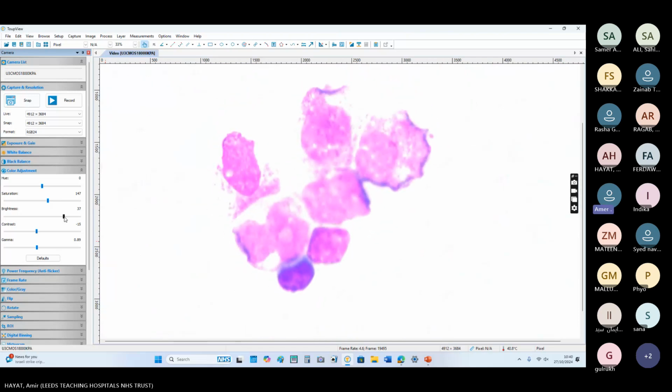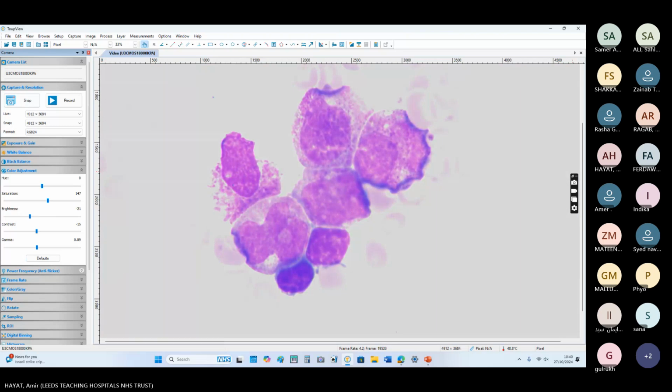So this is granular, and this cell is bilobed. This is one lobe, and this is another lobe.